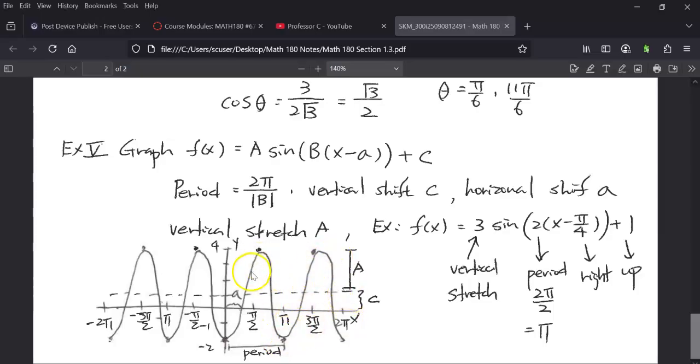So every period is 1 pi. And remember, it stretches up 3 if you start right here: 1, 2, 3. So it's going to go from 4 to negative 2 now. Focusing on this dashed line, it's going 3 up, 3 down. That's where the 3 is coming from. And we don't forget to shift pi over 4 over. So when you have that, that will give you the base of the graph of this function right here.